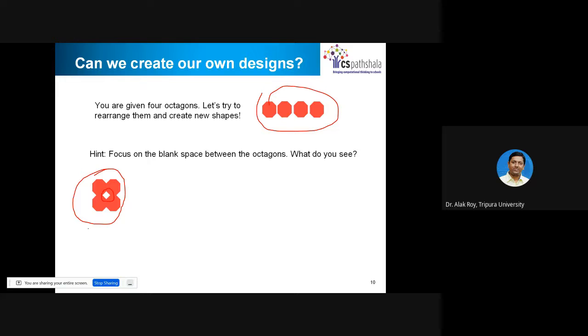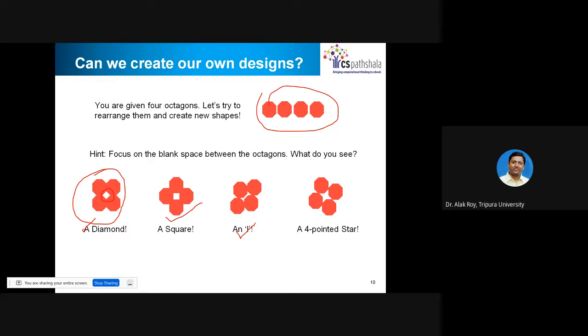What do you see? You see a diamond shape. Similarly, arranging them in such a way, you get a square shape in the middle, or you get an eye shape. Okay. Or you get a 4-pointed star shape. Okay. So what you see depends on where you are looking.